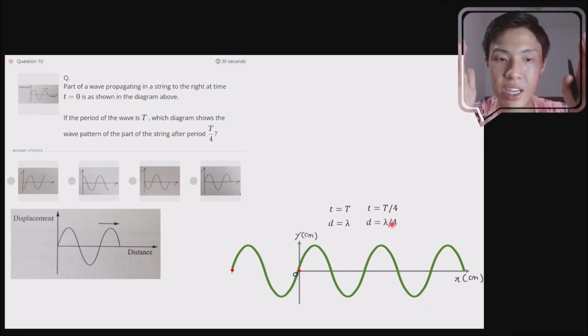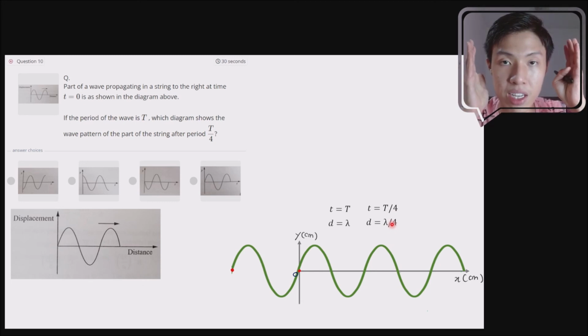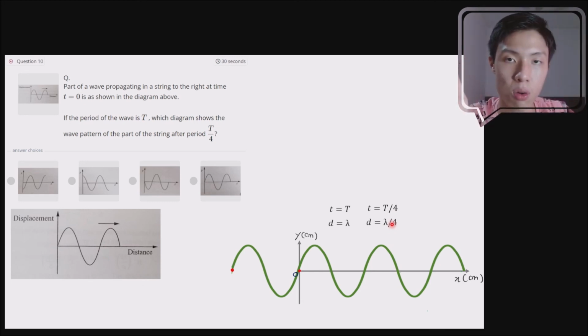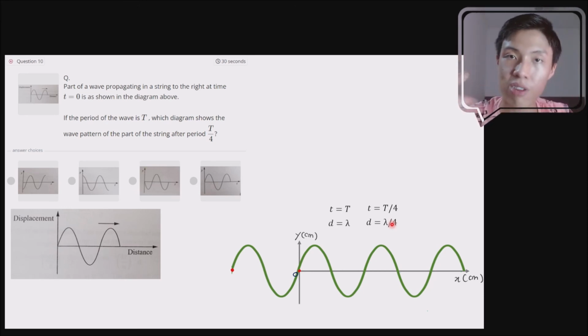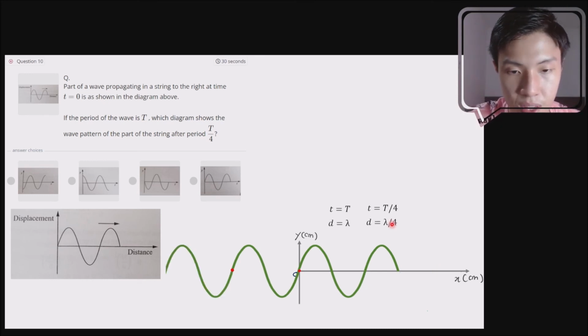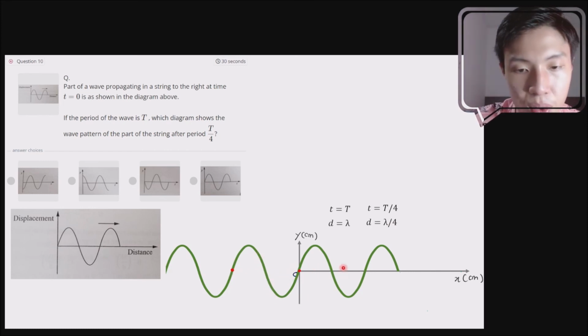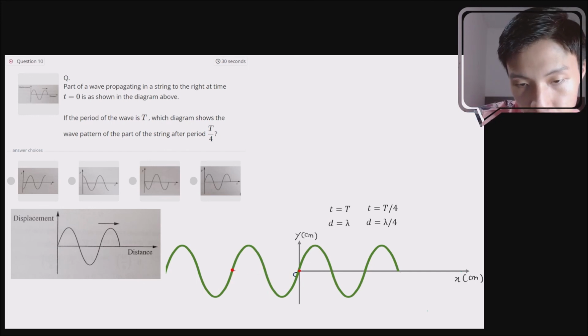If the time taken is the period for one whole complete wave cycle, then if the time that has passed is period divided by 4, the distance traveled also shrinks down by 1/4. So instead of one whole complete wavelength entering the y-axis graph, you should expect only 1/4 of it.